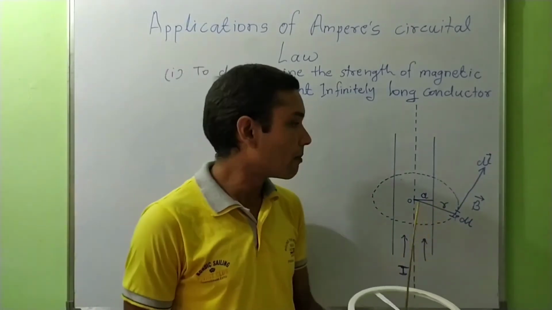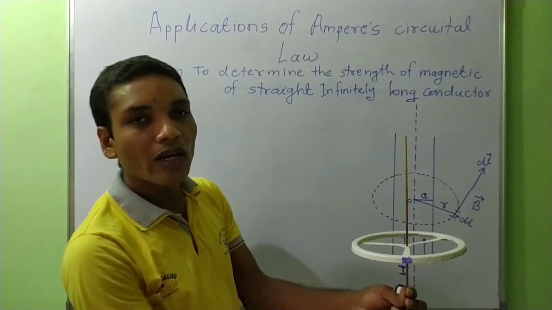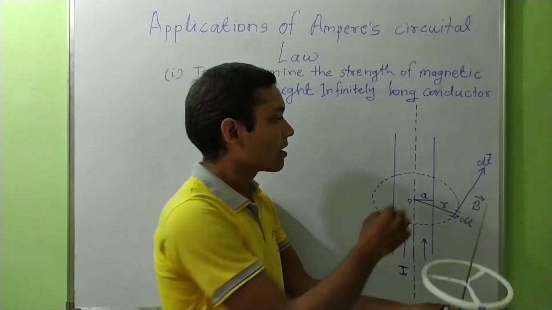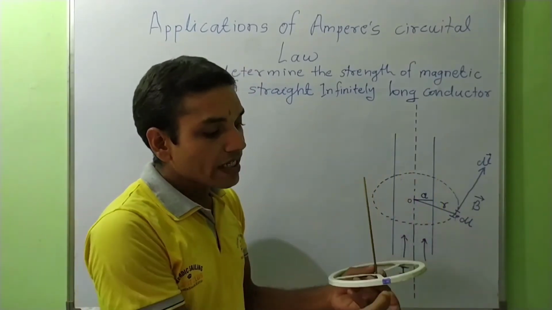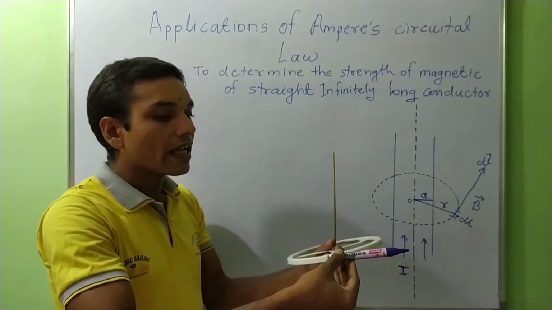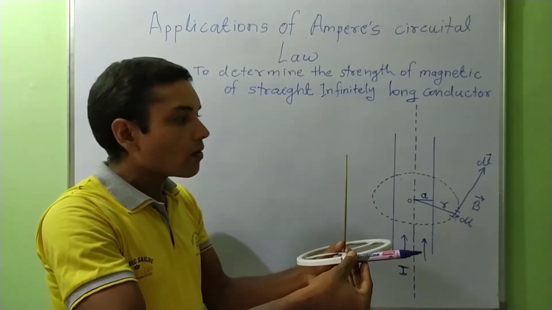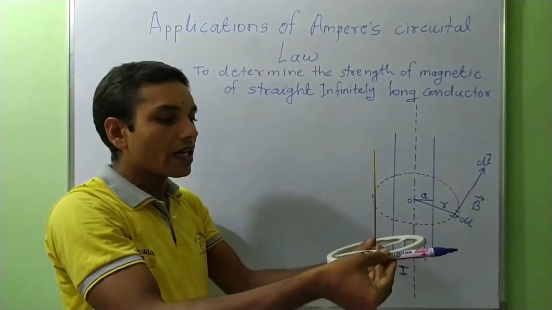By the right hand thumb rule, let this blue color be the small element dl taken on this Amperian loop. Draw a tangent at point P. The direction of tangent at point P will be perpendicular to the direction of current flowing through the conductor, like this.